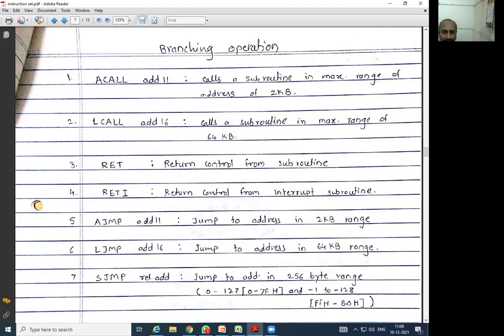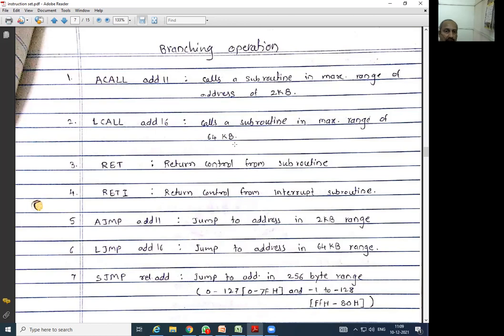Subroutine means subprogram: from the main program, it will go to some other program. But here the maximum range is 64 KB. 16 ones is the maximum range, and that is equal to 64 KB. If the address location is more than 2 KB, you are supposed to use this instruction.